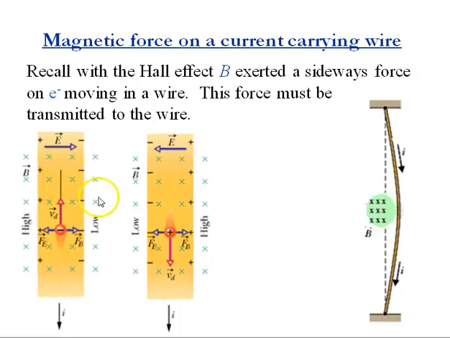The X represents magnetic field pointing into the page. Then if we do our right-hand rule, since our magnetic force is qV crossed B, we could use our right-hand rule on V cross B: point our right hand in the direction of V, curl in the direction of B, and our thumb would point in the direction of the force on a positive charge.